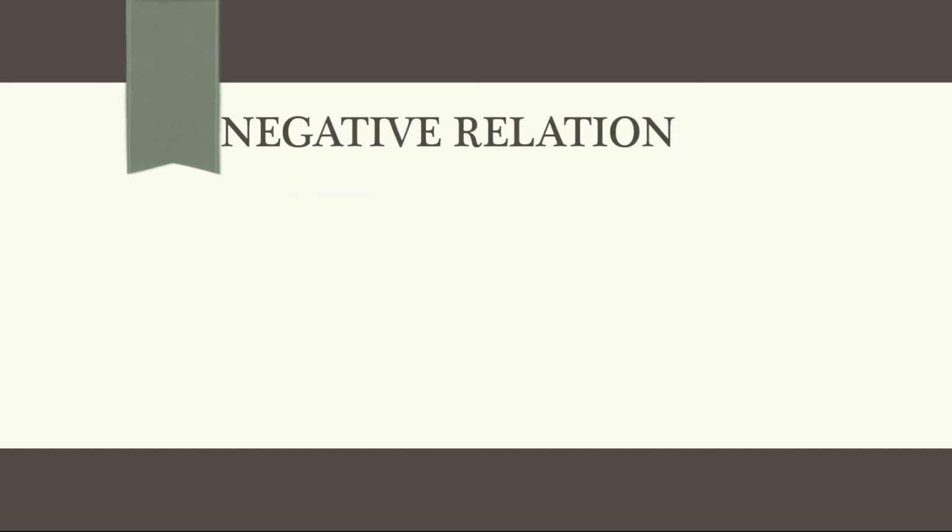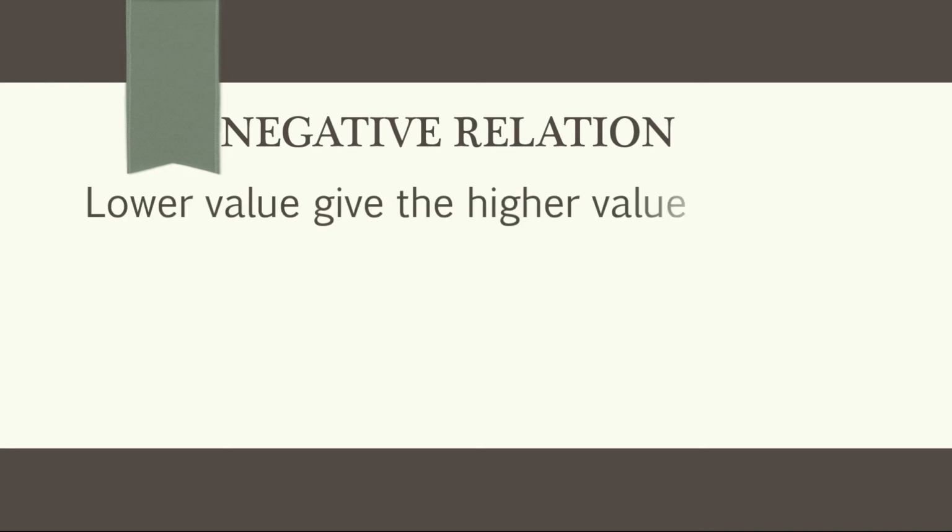Now come to the negative relationship. A negative relationship is completely opposite to the positive relation. So what is the negative relation? A lower value relates with a higher value, meaning David up, Joggy down, and vice versa.